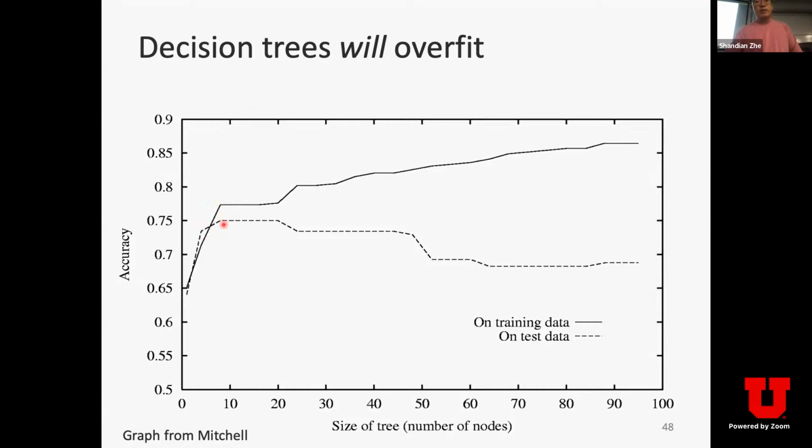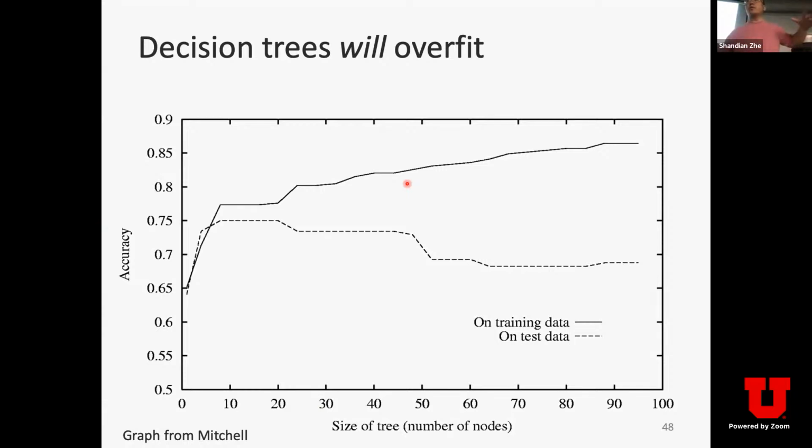And then at some turning point, when you continue to grow the tree, your test accuracy won't improve anymore, and on the contrary, it starts to decrease, right? Meanwhile, the training accuracy is still increasing, meaning it's fitting the data better and better.